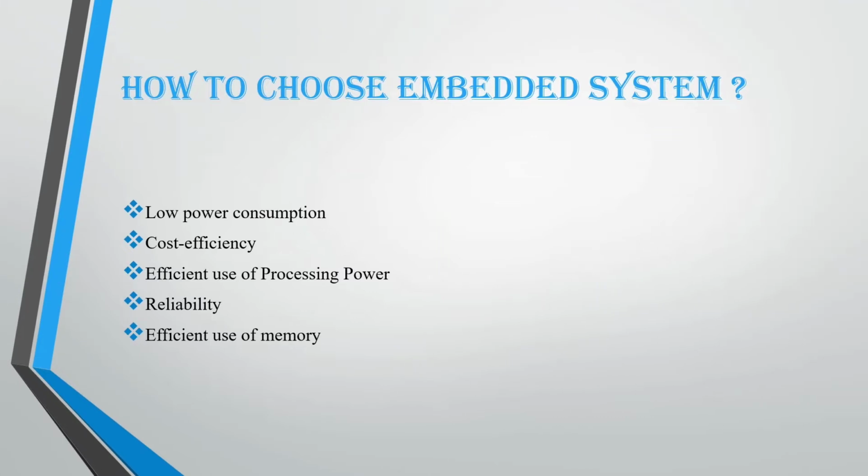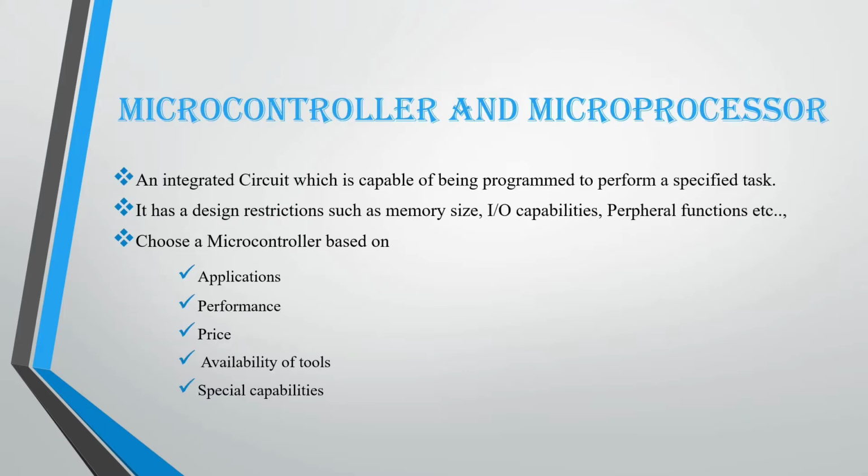How to choose an embedded system? An embedded system can be chosen based on these aspects like low power consumption, cost efficiency, efficient use of processing power, reliability, efficient use of memory. And what is microcontroller and microprocessor?